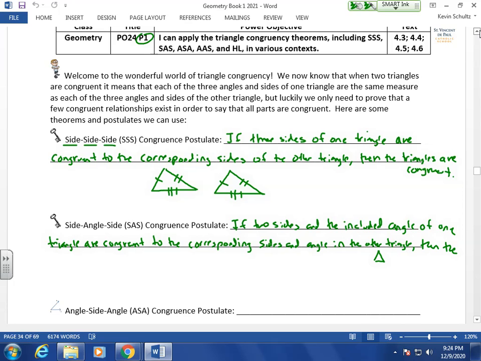And eventually, rather than write the word triangle, I'll just draw one, okay? But you'll know what I mean here. So the SAS says if two sides and the included angle of one triangle are congruent to the corresponding sides and angle in the other triangle, then the triangles are congruent.